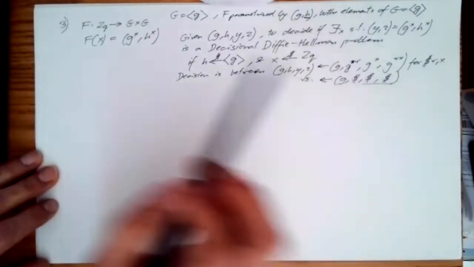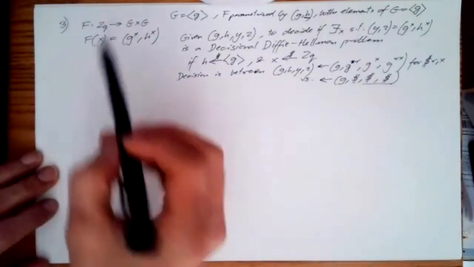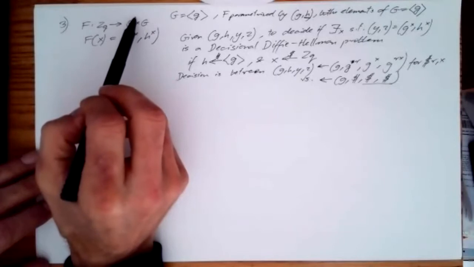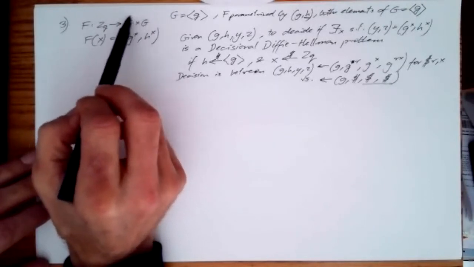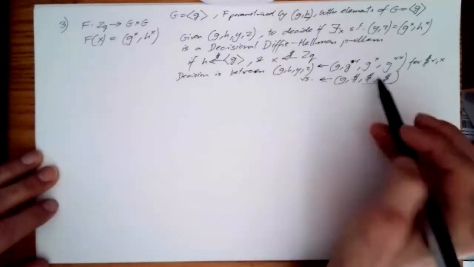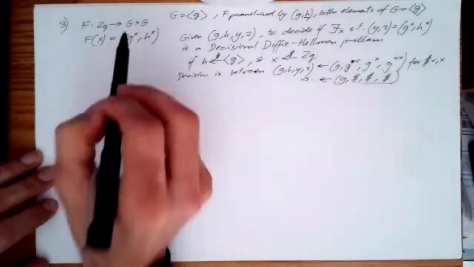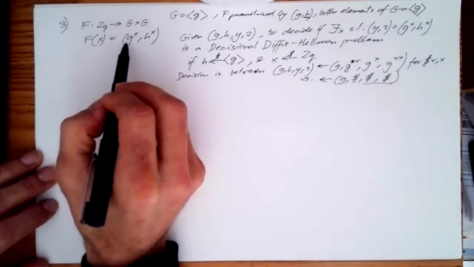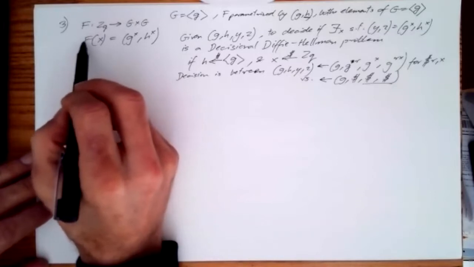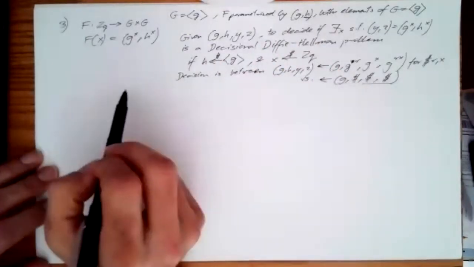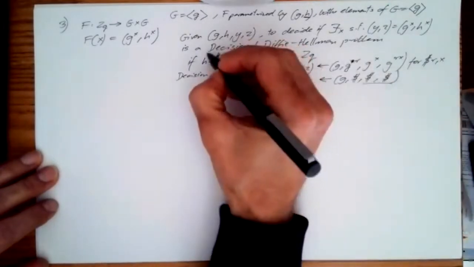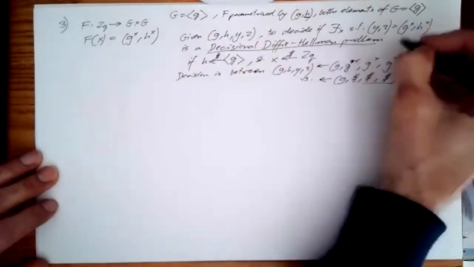So if the parameter is chosen at random, then deciding between a randomly sampled point in this range and a point in the image of f is exactly the decisional Diffie-Hellman problem, right?